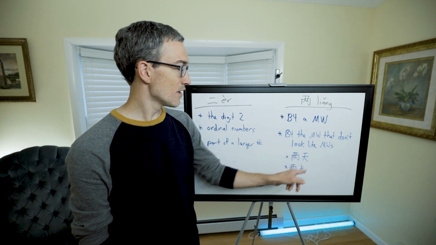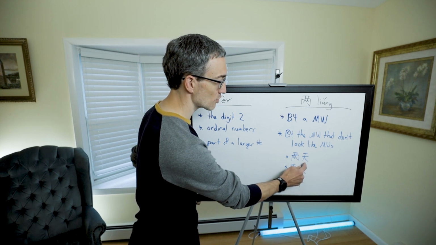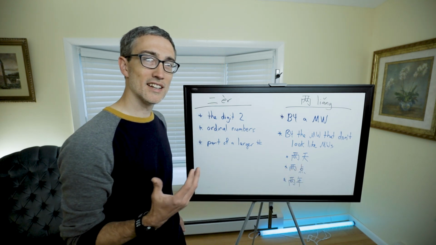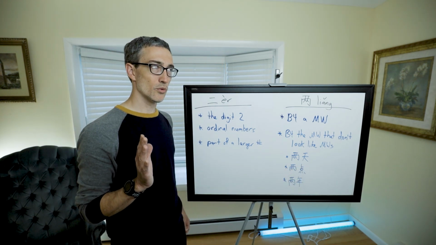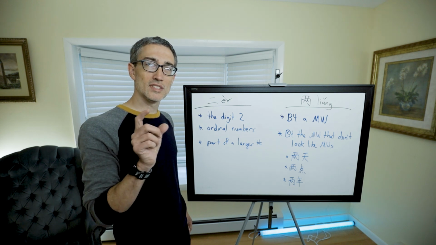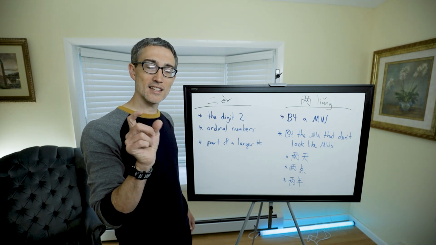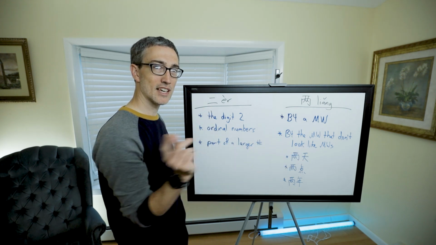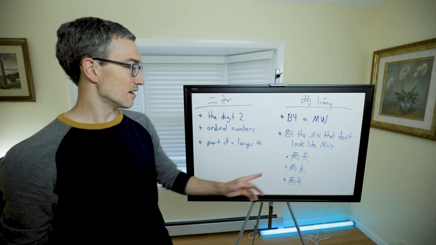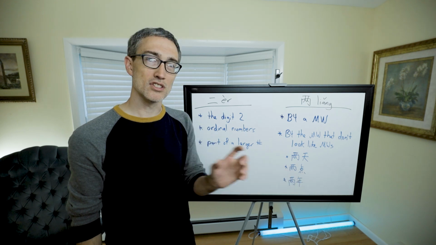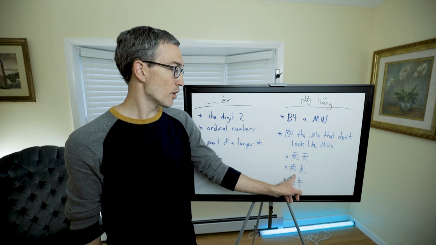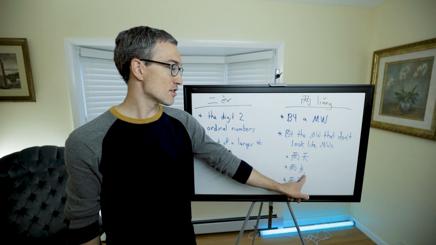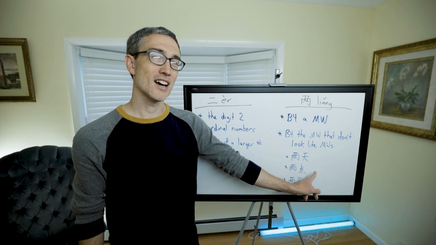But 天 is actually a measure word, even though it sounds like a noun. It's kind of like saying 2 days of time, where day is the measure word and time is the noun, but you don't actually say time, you just say 2 days. And here we have 两点, which means 2 o'clock, so 2 points. But 点 is the measure word. It's like 2 points of time.